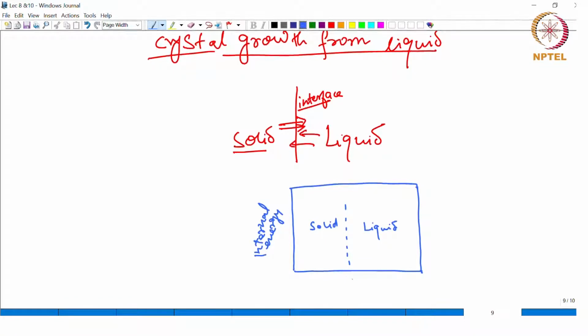So, the energy is plotted as a function of distance from the interface. So, as I said, when you look at it from an energy perspective, there is an energy barrier. Okay. So, that can be represented with a plot like this.